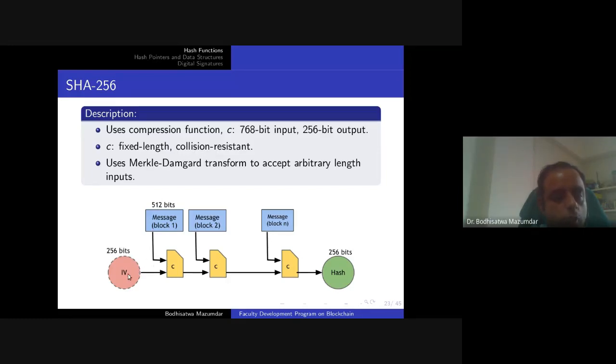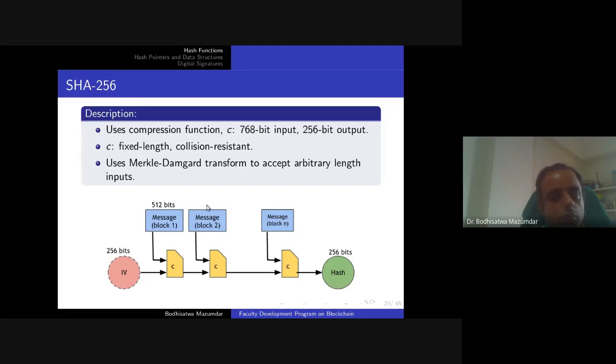These two add up to 768 bits. This IV is the initialization vector. It can be any random vector, and it can even be known to an attacker. Initialization vector is publicly known. So this 768-bit input is given, and the C function generates a 256-bit output again. This 256-bit output is then given to the next compression function along with the next message block.